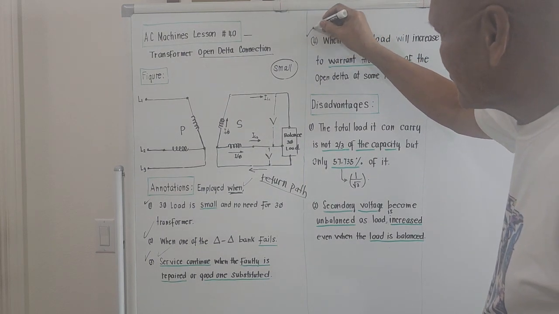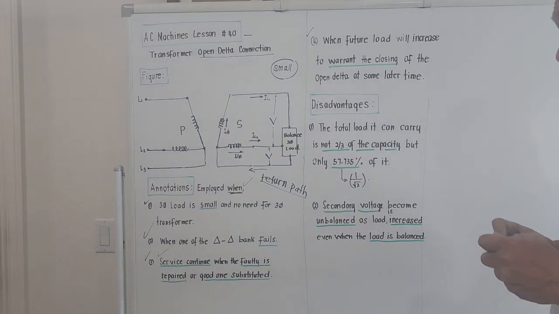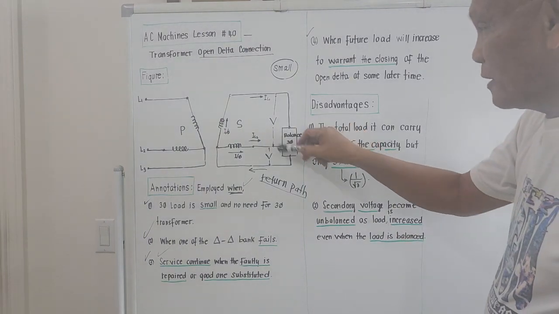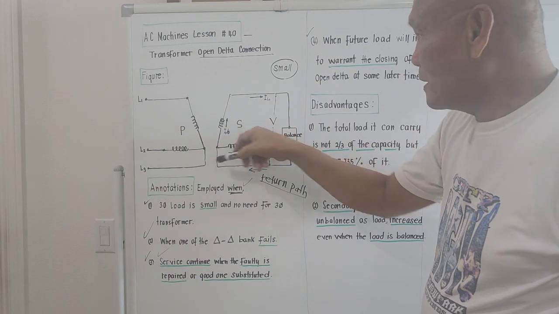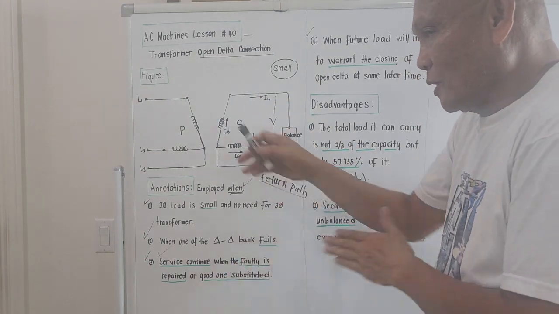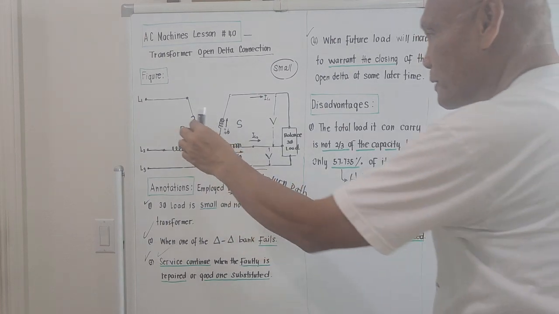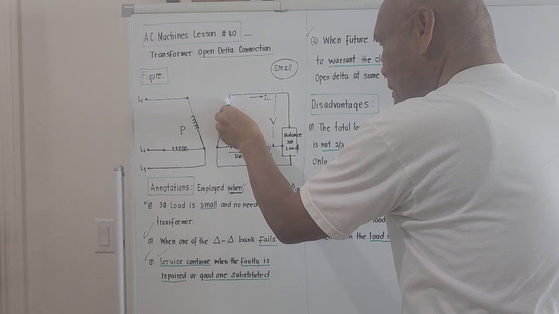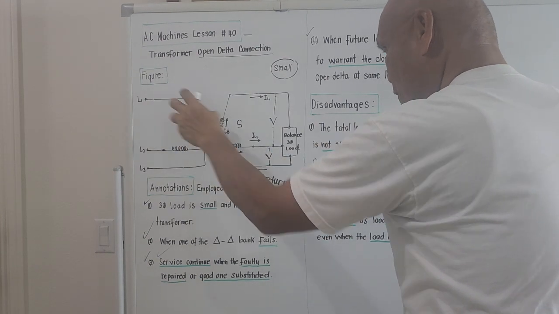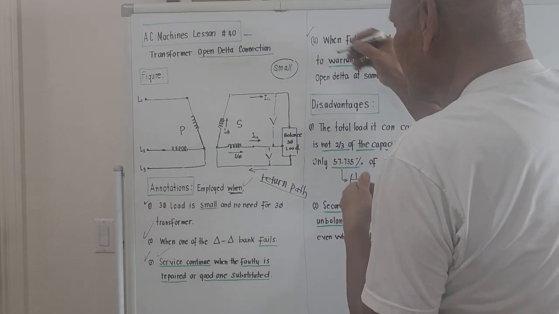It is just predicting what will happen if the load will increase. Meaning to say, if we are having a small load here and we are using an open delta, right? And there comes a time that the load will increase, okay? It's either that we will place a new one here or the repaired one, so we could close the open delta for it to become a closed delta. That's the meaning of it.